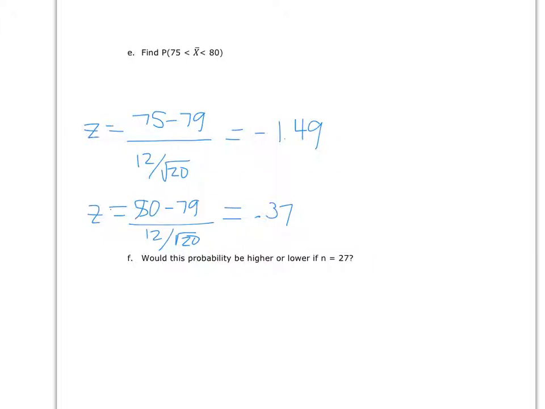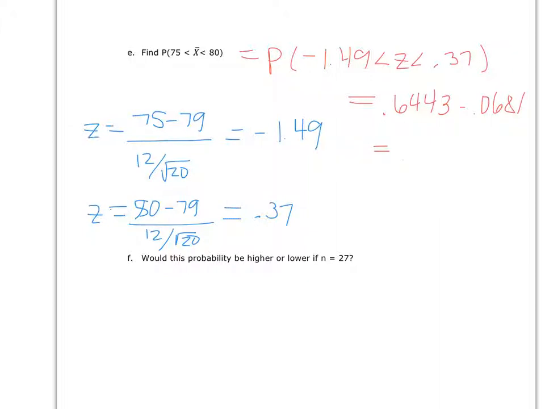So finding the probability that z is between negative 1.49 and 0.37. Using our online tool, we got 0.6443 minus 0.0681. So yeah, 0.5762.